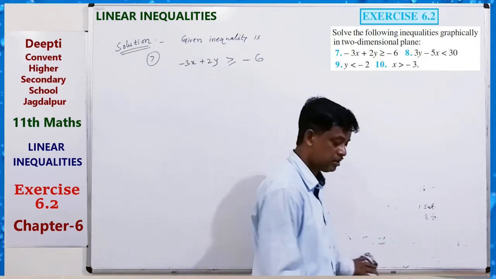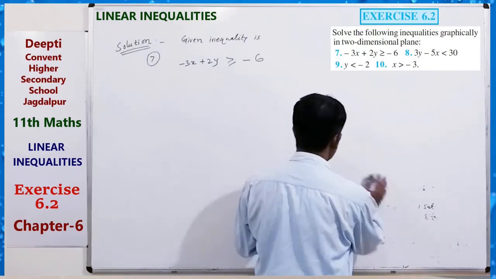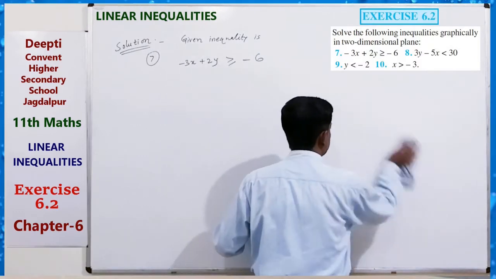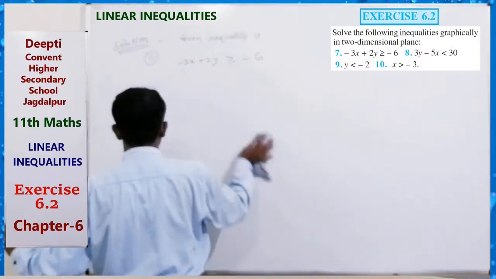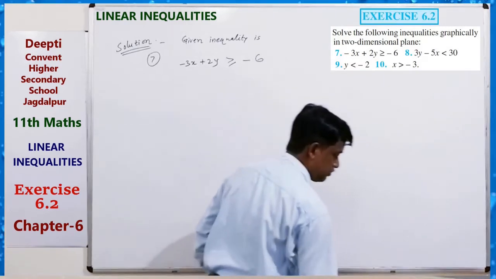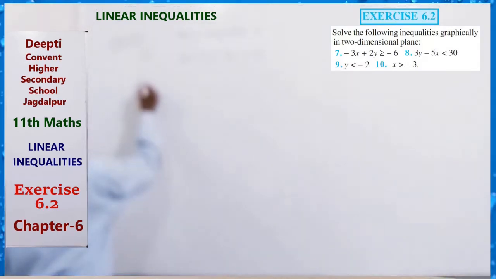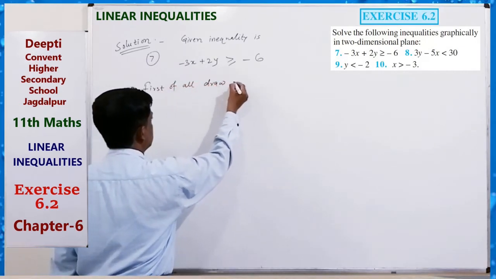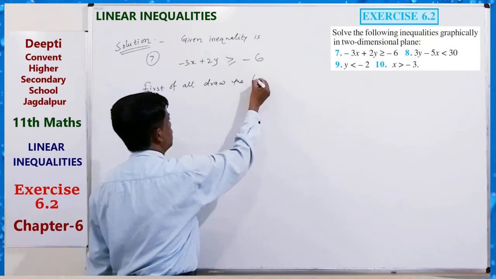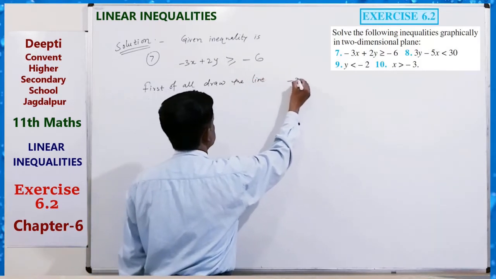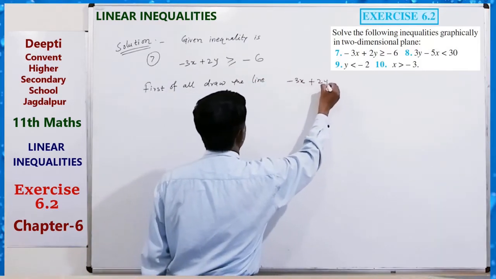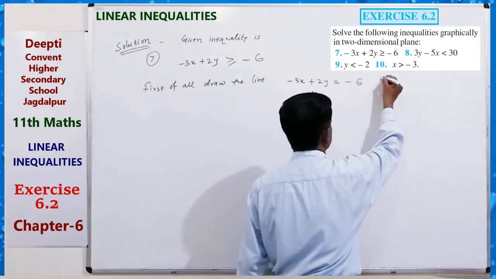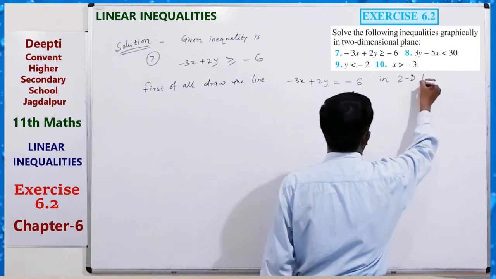First of all, what we have to do? Just draw the line of this inequality: minus 3x plus 2y equals minus 6 in the 2D plane.